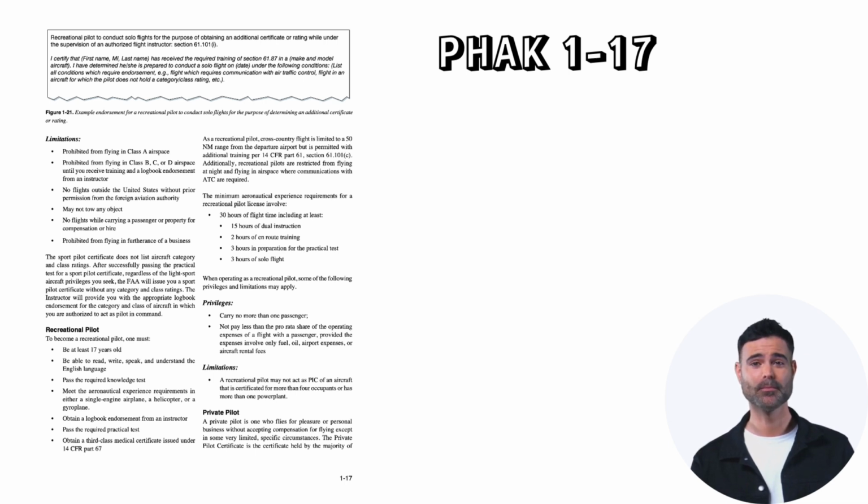Recreational pilot. To become a recreational pilot, one must be at least 17 years old, be able to read, write, speak, and understand the English language, pass the required knowledge test, meet the aeronautical experience requirements in either a single-engine airplane, a helicopter, or a gyroplane, obtain a logbook endorsement from an instructor, pass the required practical test, and obtain a third-class medical certificate issued under 14 CFR Part 67.